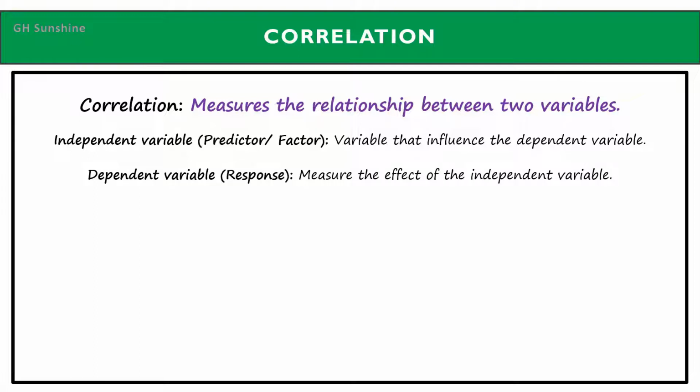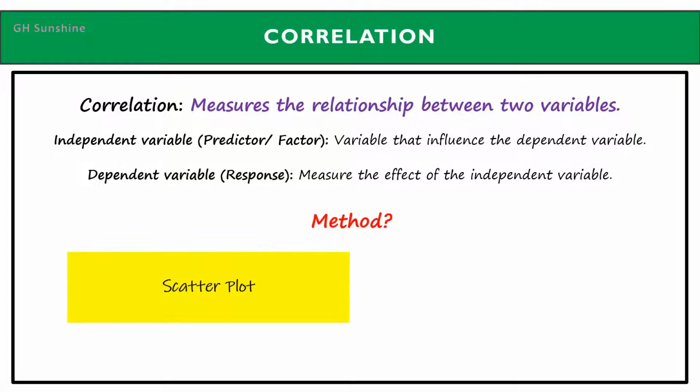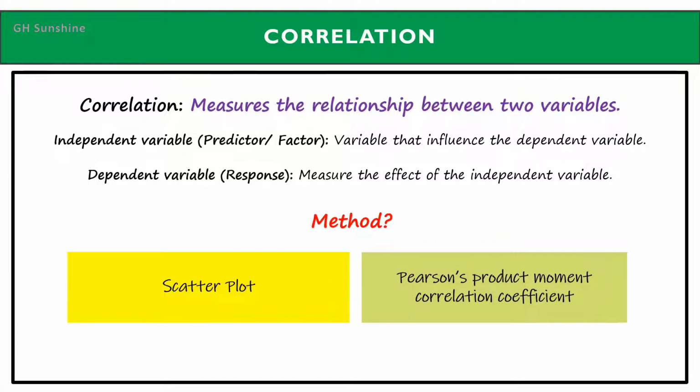The dependent variable, known as the response variable, measures the effect of the independent variable, meaning the dependent variable depends on the independent variable. The methods to identify the correlation: first is the scatter plot, second is Pearson's product moment correlation coefficient.